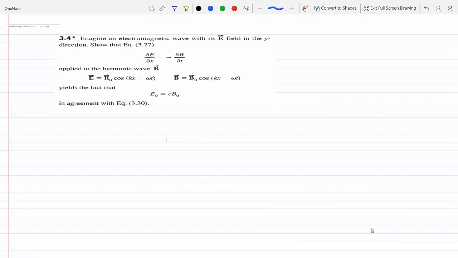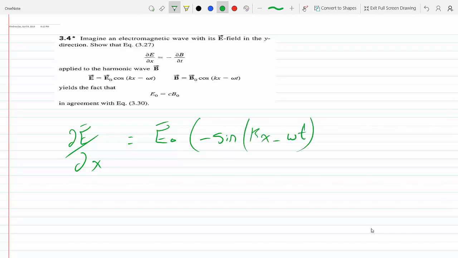So let's see. What's dE over dx? The partial derivative of the electric field with respect to x will be the amplitude E0 times cosine's derivative, minus sine, of kx minus omega t, and then if we differentiate by the chain rule inside the cosine with respect to x, we get k.